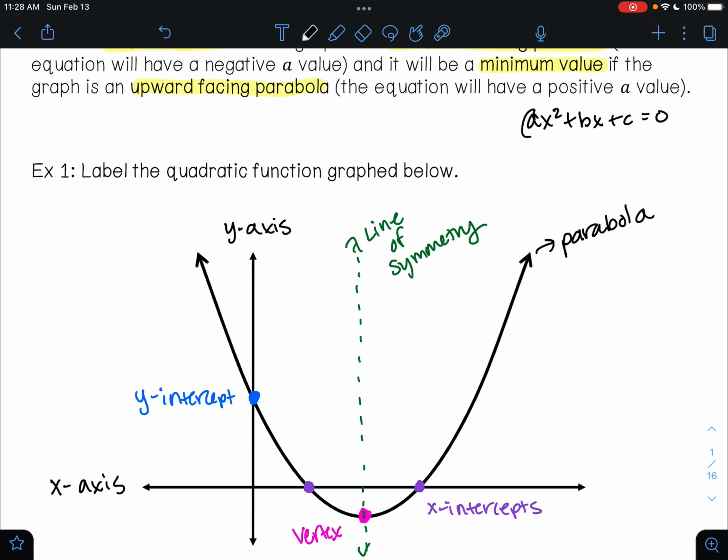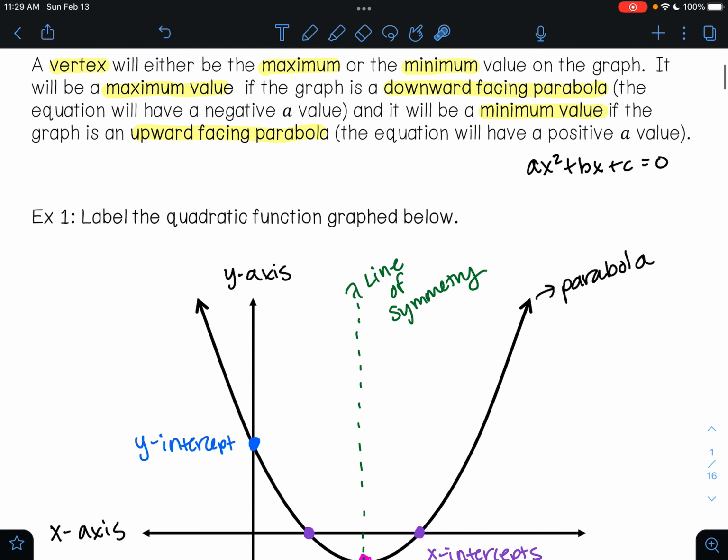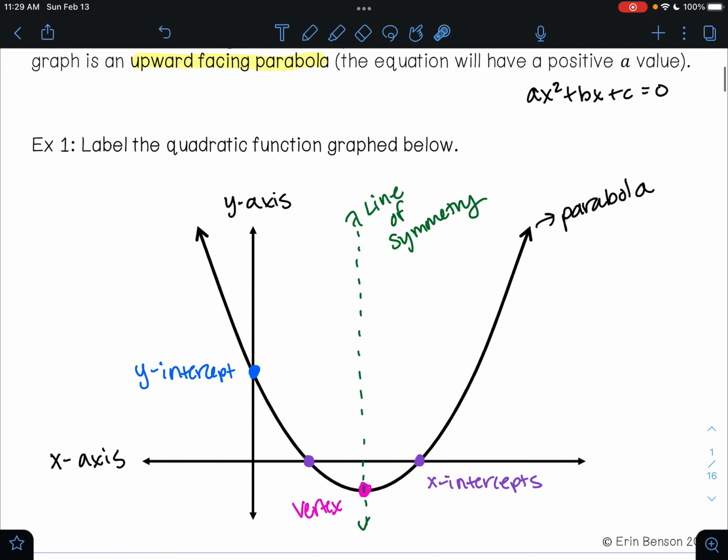Here, a, that's the a that we're talking about. So if a is positive, your graph will be a U shape like this. And if a is negative, then it would be upside down. So it would be more like an N, and that is when you would have a maximum value. But this one is a minimum because it is the lowest point of the graph.